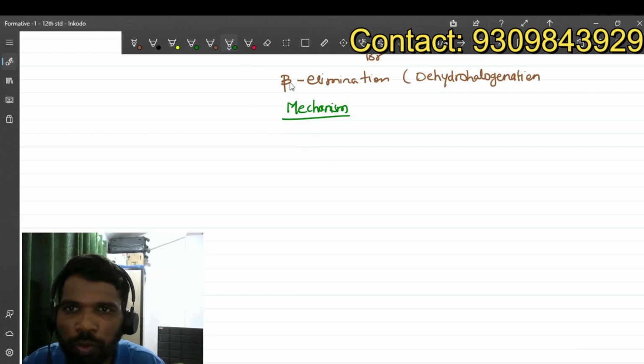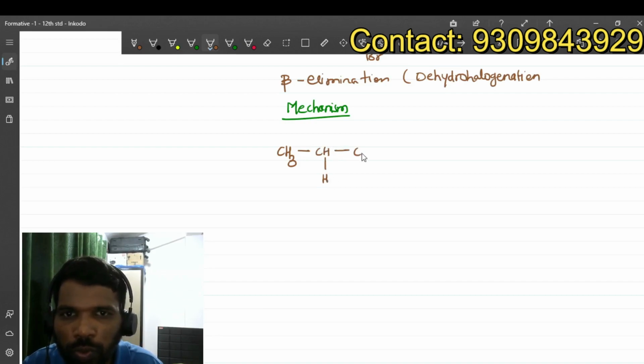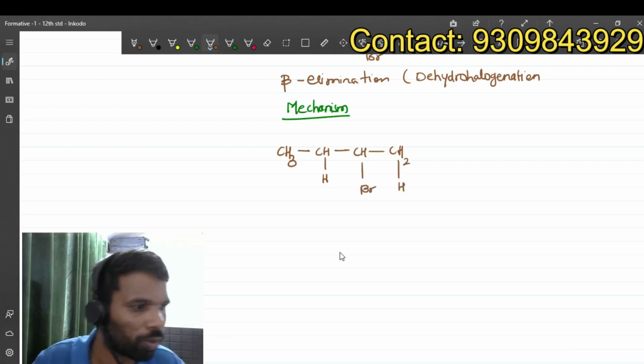So the reaction is this way: CH3, CH2. We'll understand both the approaches. There are two approaches for this. This is Br.